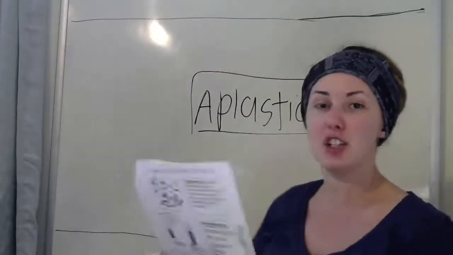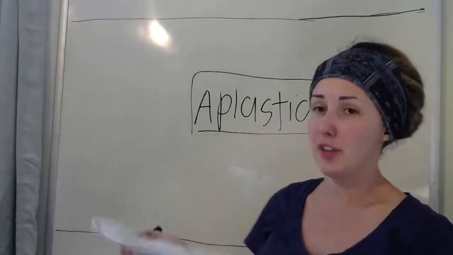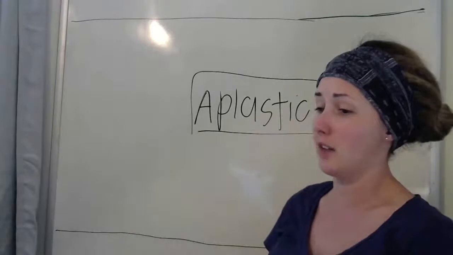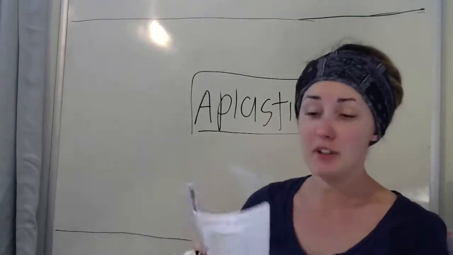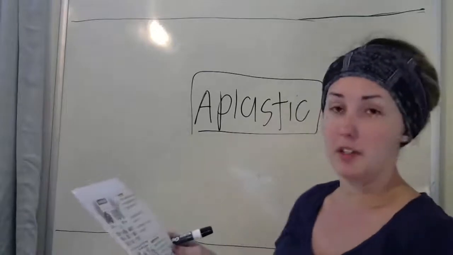So chemoradiation and aplastic anemia go hand in hand, and it can be something other than that too. It could be drugs. If you're shooting drugs intravenously, it could be that that destroys red blood cells.